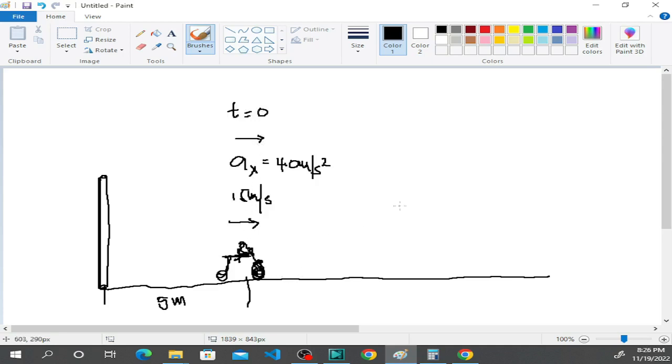Then after quite some time, after 2.0 seconds, it's here, and we computed that this is actually 43 meters away from the origin. So that's 43 meters, from the signpost up to this point. Let's use an arrow.